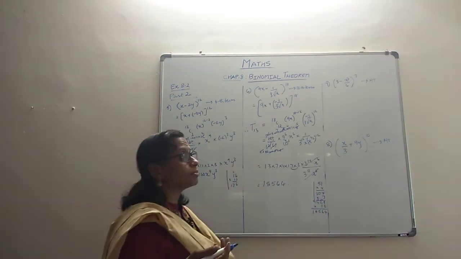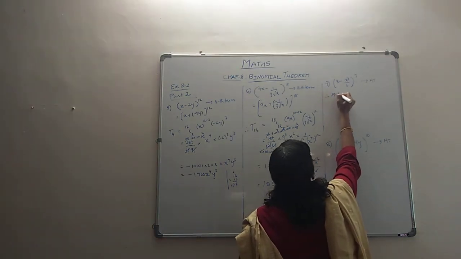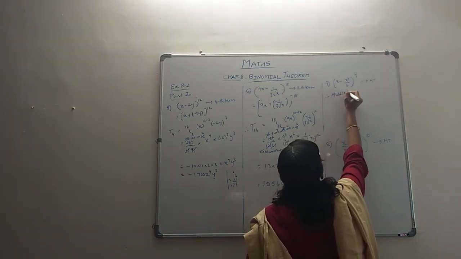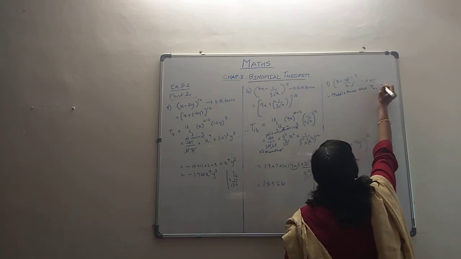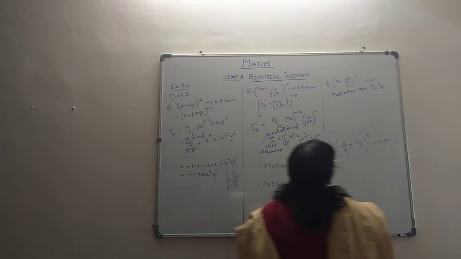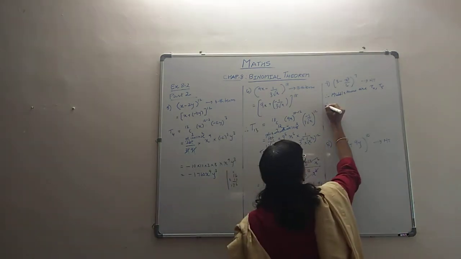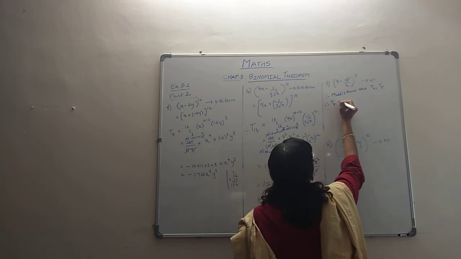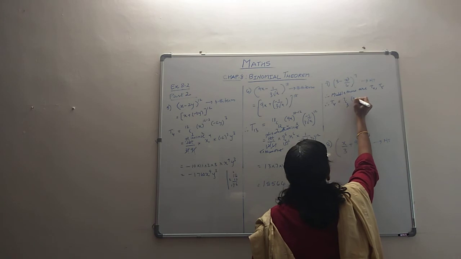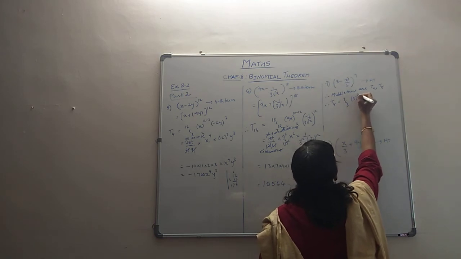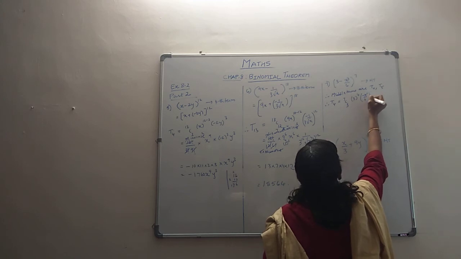Okay, how did we get it? Because we can write, therefore, middle terms are T4 and T5, 4th and 5th terms. Because we know the formula, we can apply the formula and get the answer. So, T4, for example, will be 7C3, first term 3 raised to 4, and then next term minus x cube by 6 raised to 3.